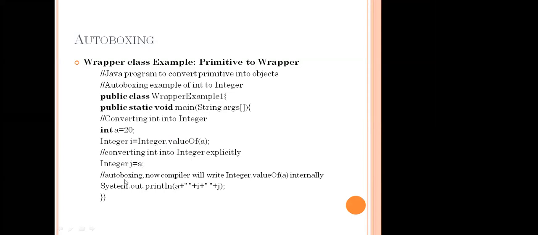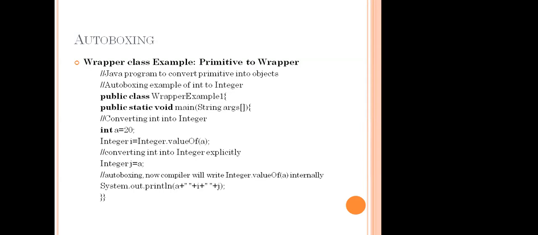So this is autoboxing, where the compiler creates the value automatically. Here we do not write any code for conversion. The conversion code is what we call explicit, and here we are not using it. So this is what is known as wrapper classes. In all those cases, the a value, i value and j value are 20.